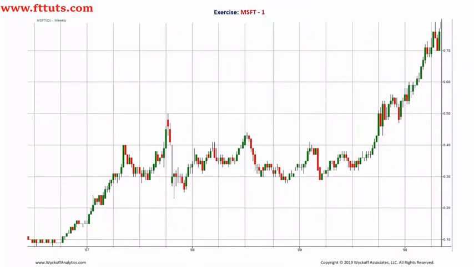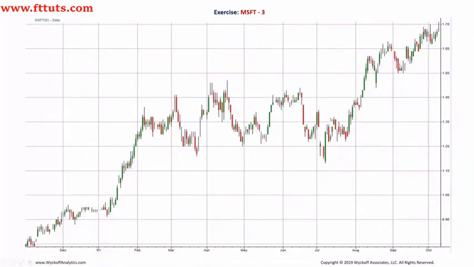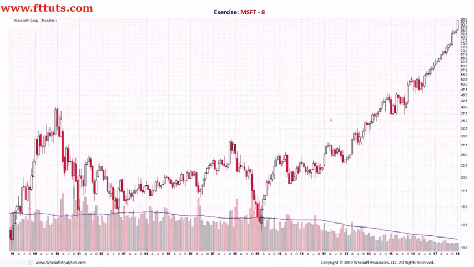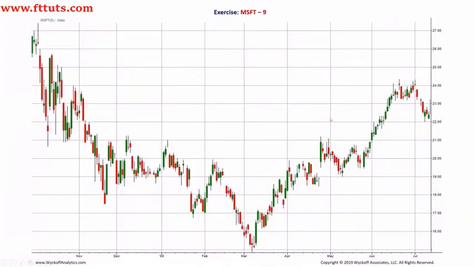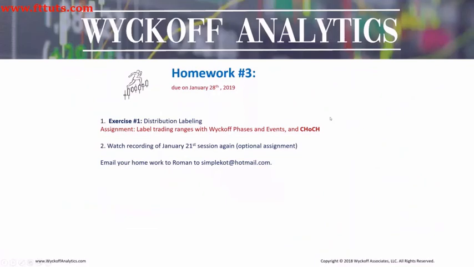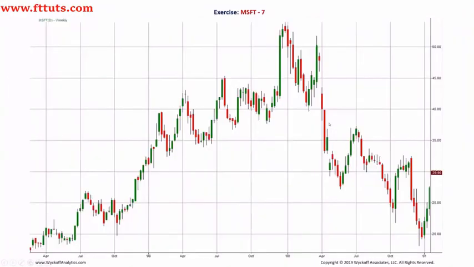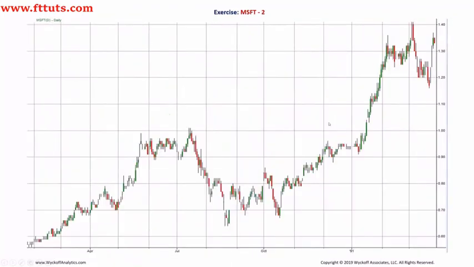I want your mind to think only about labeling at this point. So 1, 2, 3, 4, 5, 6, 7, 8, 9. Yes, okay, great. So 9 charts. Okay, so this is the homework.